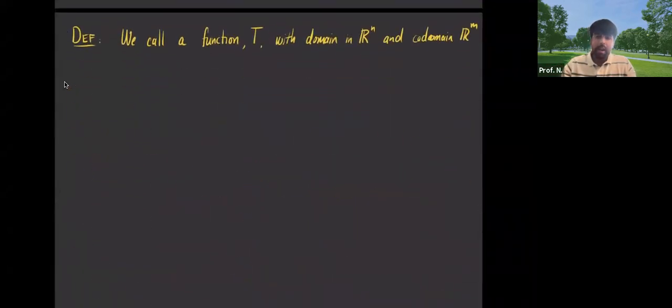So now we're going to be dealing with the idea that we have a transformation that takes something in the n-dimensional space and assigns it to something in the m-dimensional space. It's still a function, though. We call a function T with domain Rn and codomain Rm a transformation.